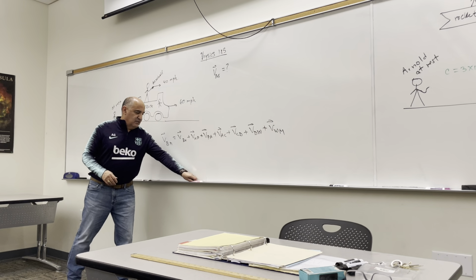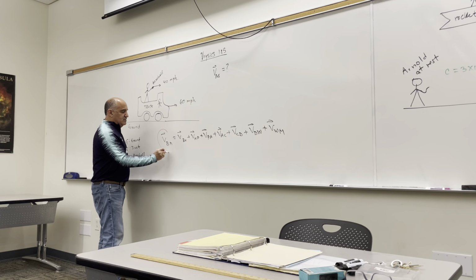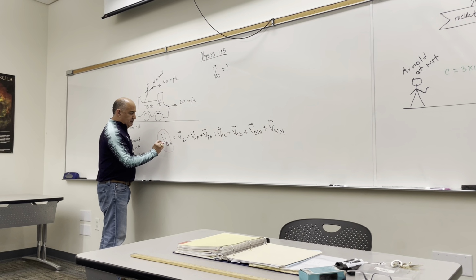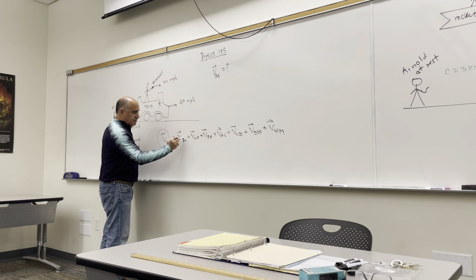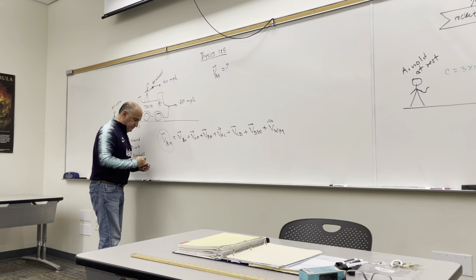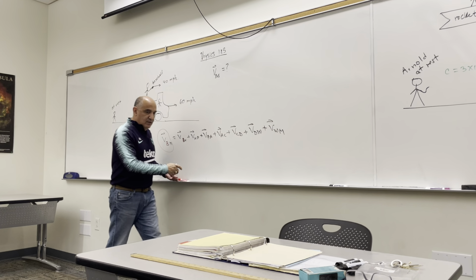So for relative velocity problems, if I want to know what this is, the trick is that the first letter here is the first one here, the first subscript. And the second one of the quantity that we want to find out is the last one. Can you see them? This is that, and this one is the last one.